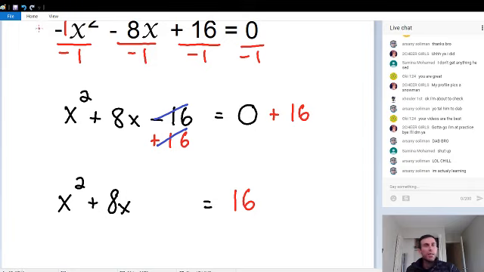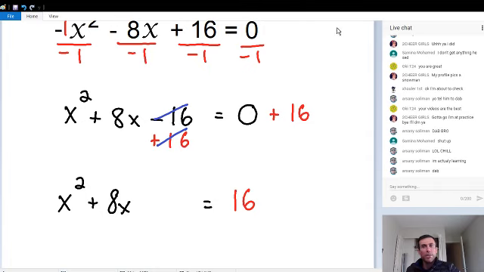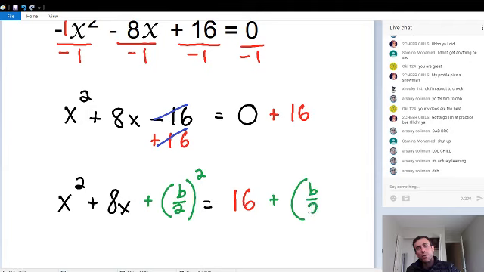All right, step number 3 is exactly the same. You guys should probably have this memorized by now. Step number 3 is to add b over 2 squared to both sides. So I'm going to add b over 2 squared to both sides of this equation. All right.